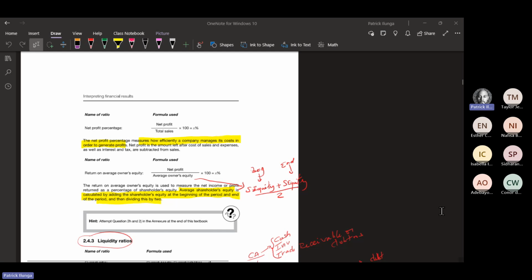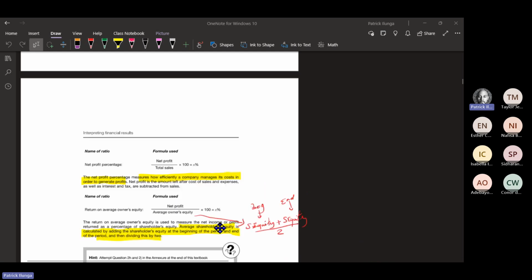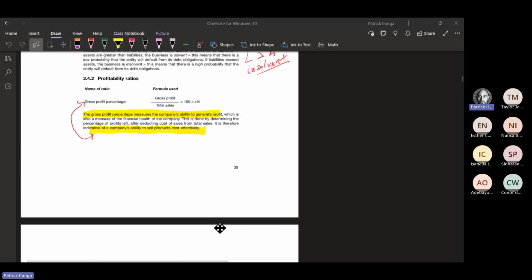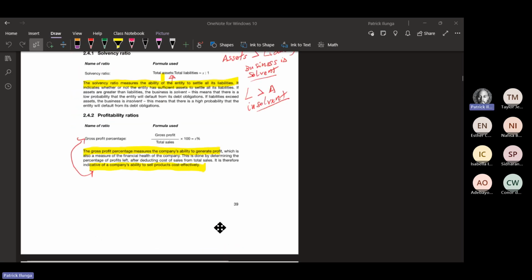So when you're looking, for example, at a return on average, what kind of ratio is this? It is a profitability ratio. So you are looking to see how profitable. And when we look at the gross profit, we are looking at the ability of the company to generate profits.